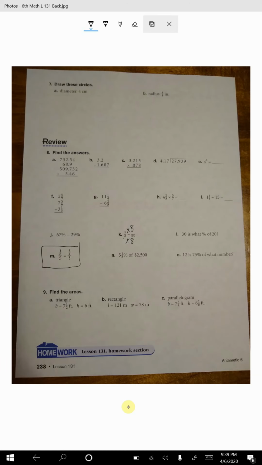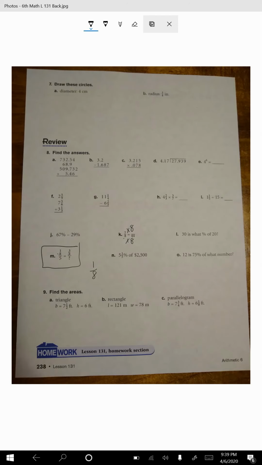But here we go. So same thing. We're going to figure out what we're going to multiply 8 by to get 3/4. And the first thing you notice is that the 4 is smaller than the 8. And don't let that trip you up. All they've done is they've reduced a fraction.